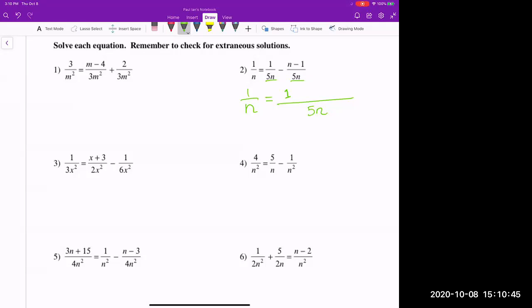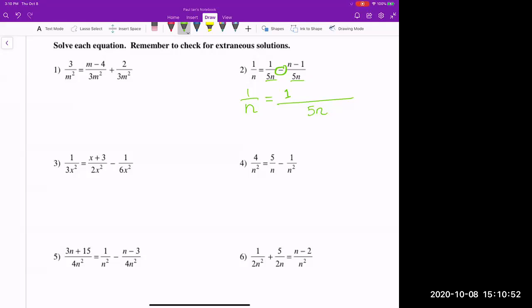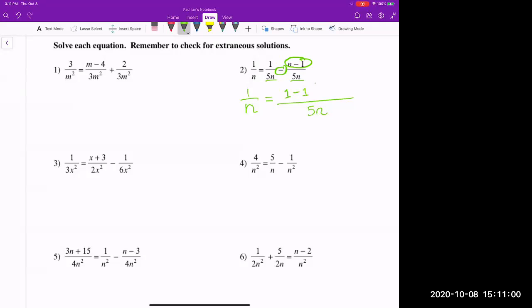And this is a tricky thing. You know how you have this negative right here? Yeah. We'll do more of these. These get really complicated. These are like the small rules. So this top part right here is negative. So this is a negative 1 times n minus 1, right? Does that make sense?